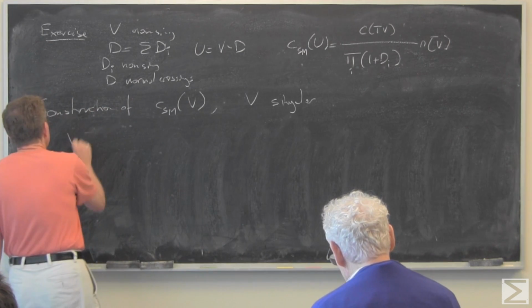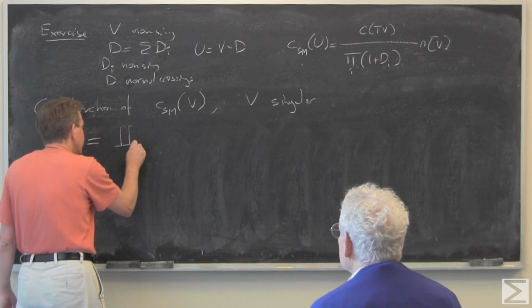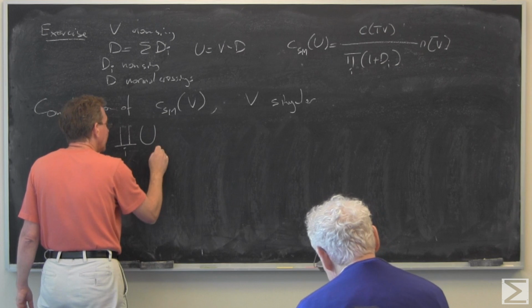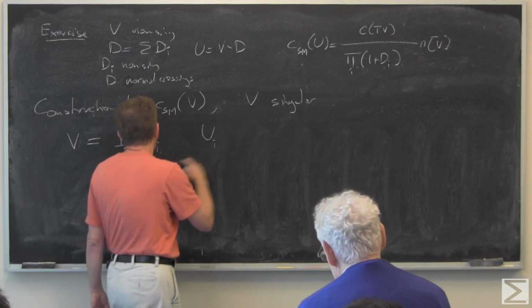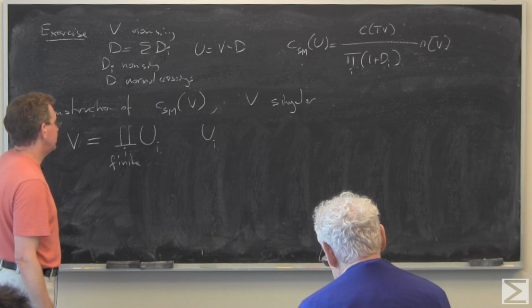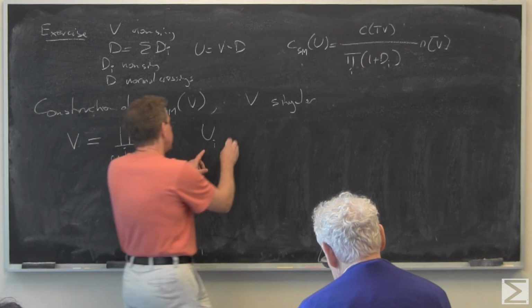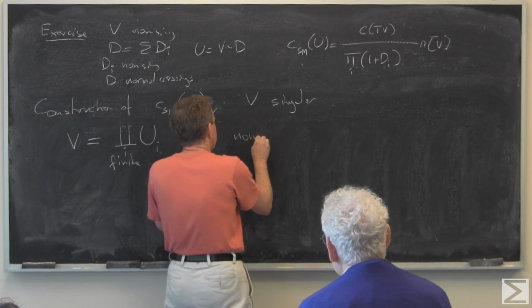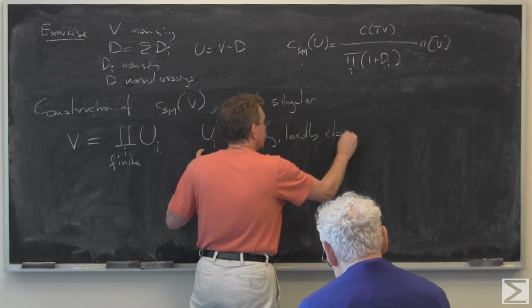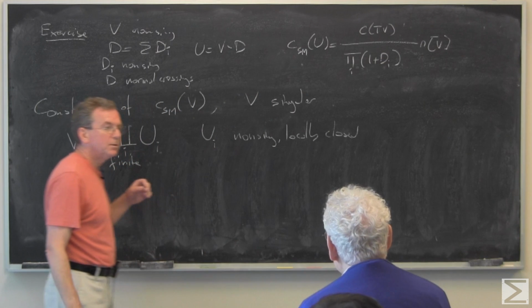Well, nothing prevents me from writing V as a disjoint union of locally closed subvarieties, U_i. I want this, of course, to be a finite union, otherwise I will not be able to do anything. I want the U_i to be non-singular, locally closed. I can do this in a zillion ways.